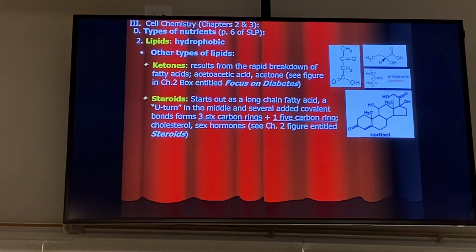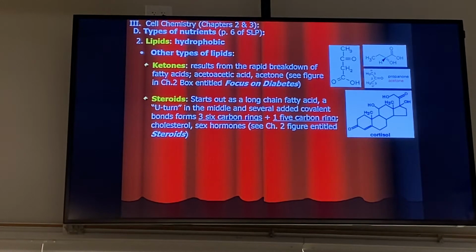Steroid starts out as a long fatty acid. It gets a U-turn, goes through a couple other reactions. But it's like, here's that carboxyl group. So it's like this long fatty acid went all the way down here, made a U-turn, went around in here, then ended right there. Then enzymes cause there to be these cross covalent bonds.